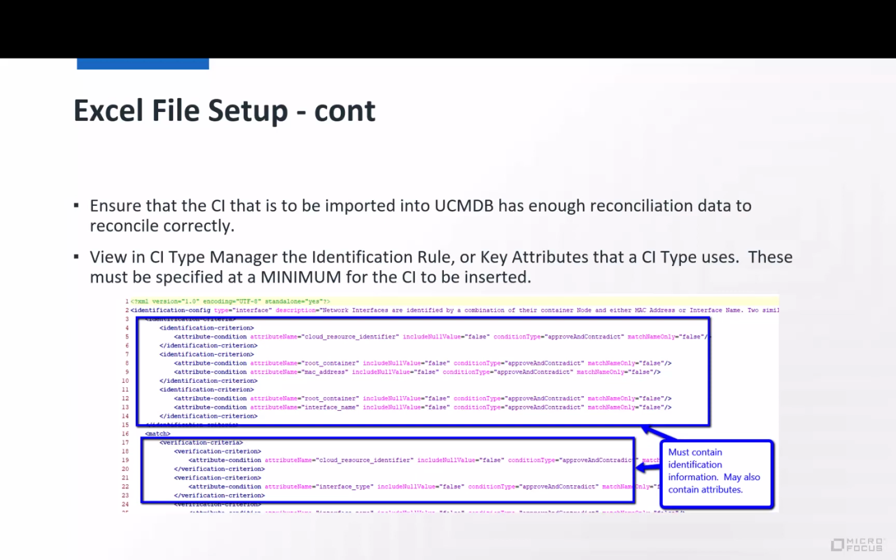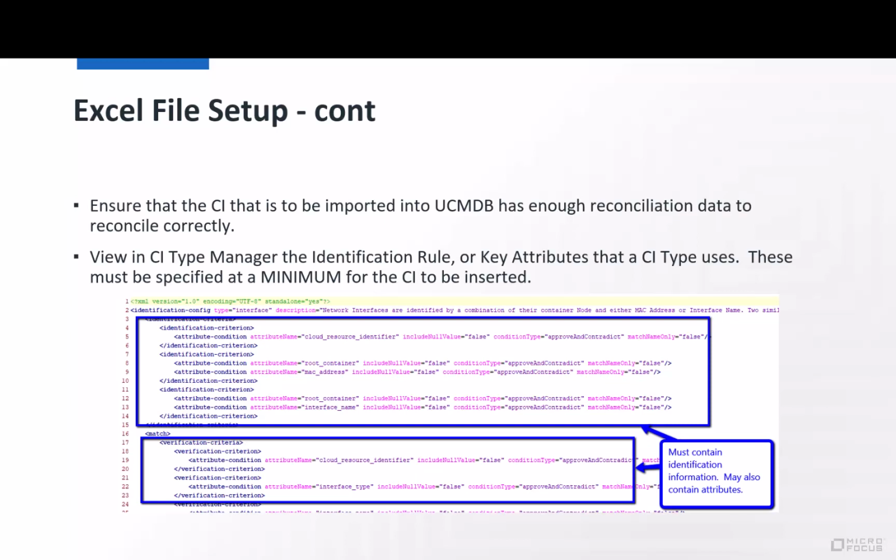So, for example, this is an interface. The minimum amount of data required for that CI to be inserted would be an attribute called Cloud Resource Identifier, or root container plus MAC address, or root container plus interface name.